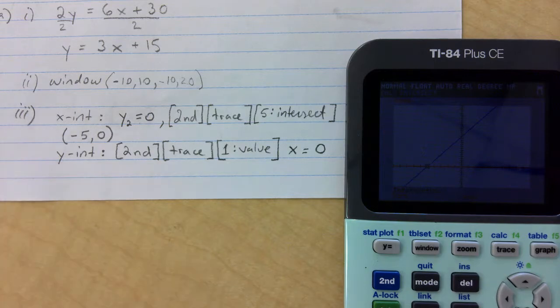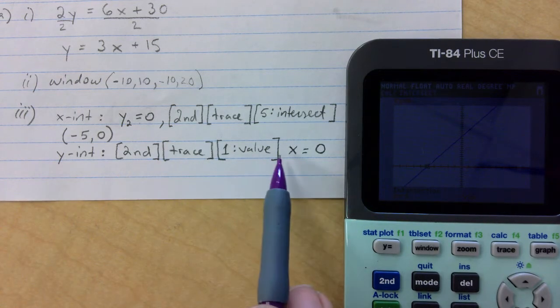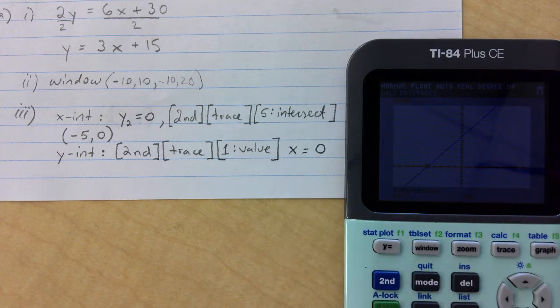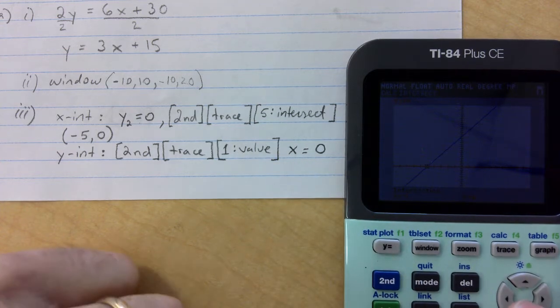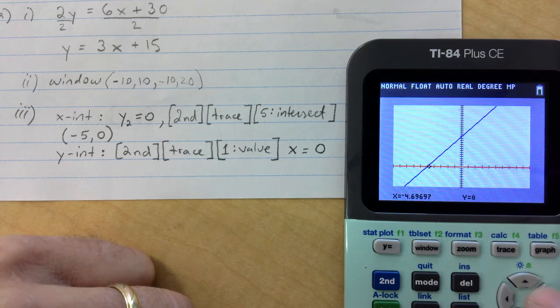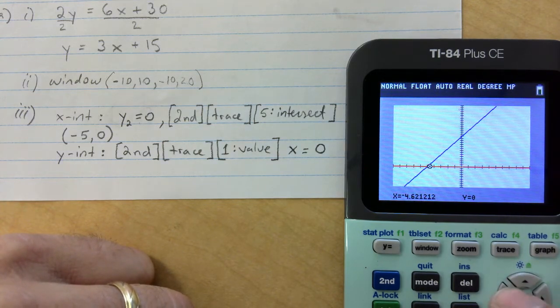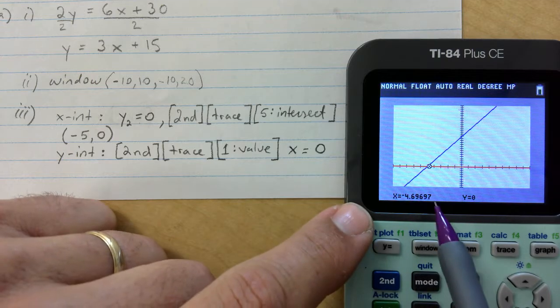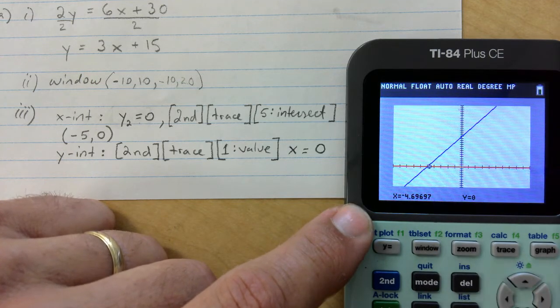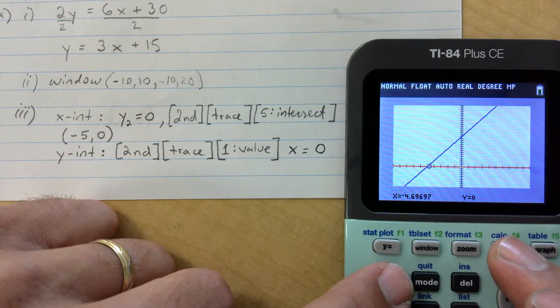It will base it depending on which equation you're on. Okay, so I'm going to go up and down arrow just to wake up my screen. As soon as you press the arrows, folks, it gets you away from the intersection. If you wanted to find it again, you would have to go through the whole steps again.